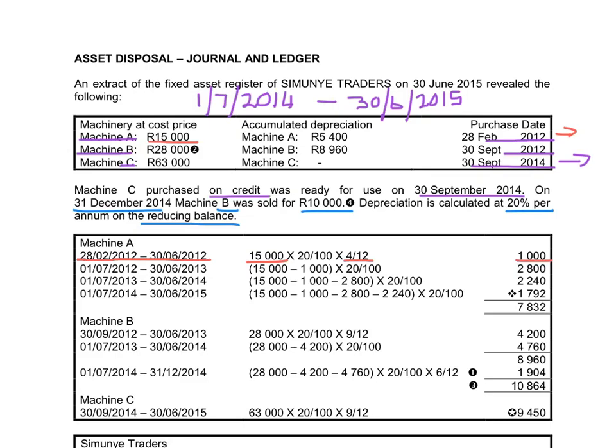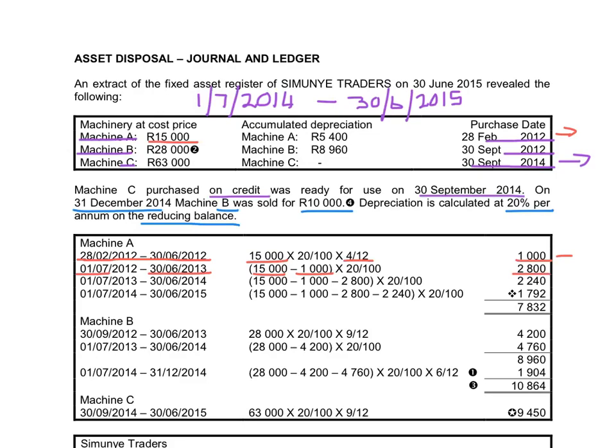In the next year, we used it from the first day of the financial year, the 1st of July, up to the last day of that financial year, 30 June. Because it's diminishing balance, we have to take the cost price less the depreciation up to the end of the previous year, 1,000, and calculate 20% on the 14,000, and that will give me 2,800.